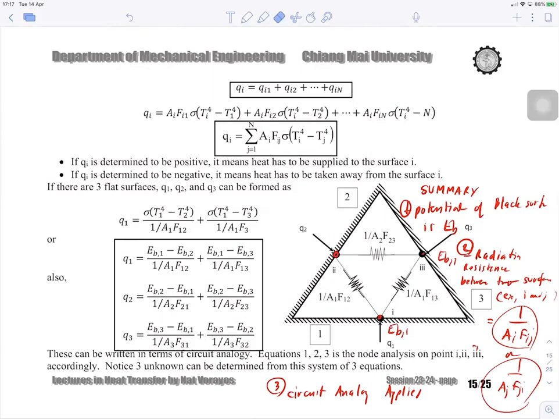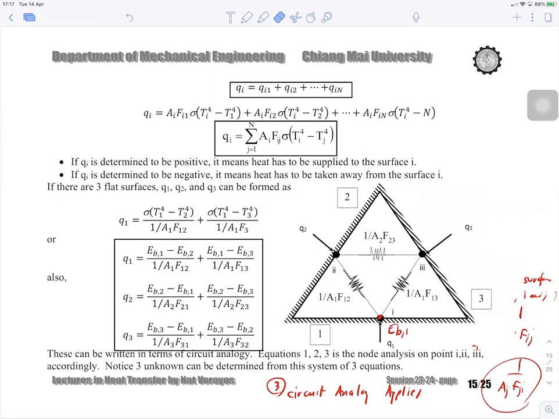Now you can see that even though you saw the circuit analogy in terms of conduction, and we already tested you on the circuit analogy in the midterm exam, it's not over yet.